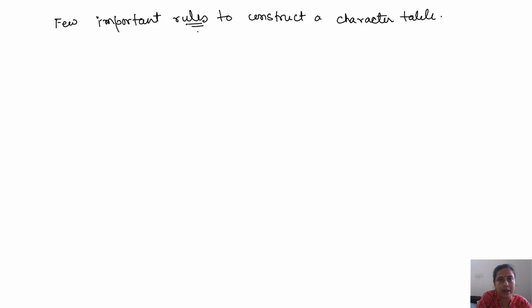These rules are relevant to the irreducible representations.